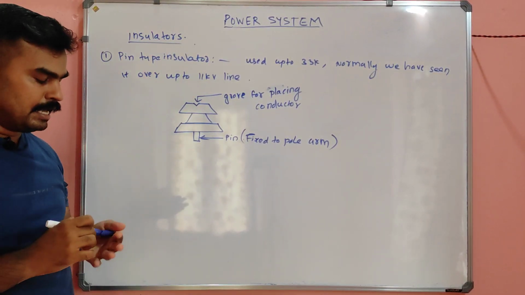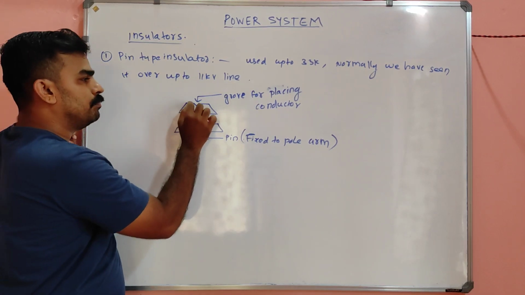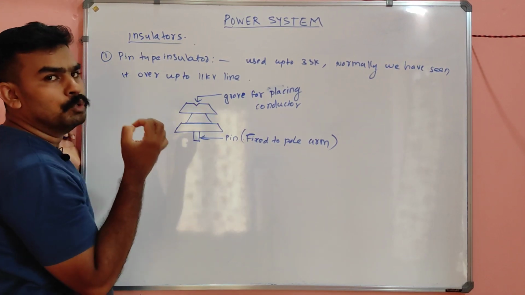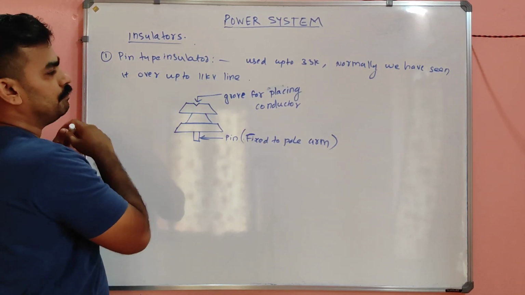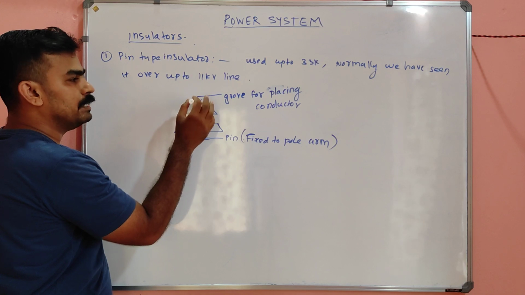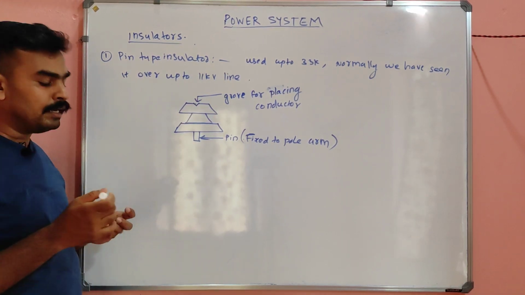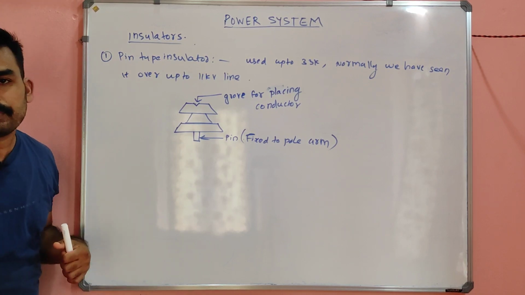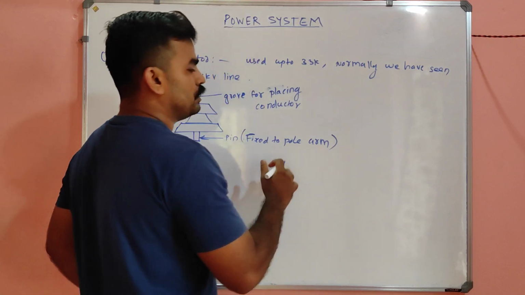See, a pin type insulator you might have seen. There will be the top portion, there will be a small groove, called a groove or a small imprint. On that there will be the conductor. The lower portion is normally a pin. That pin is connected to the cross arm, that means the pole arm.